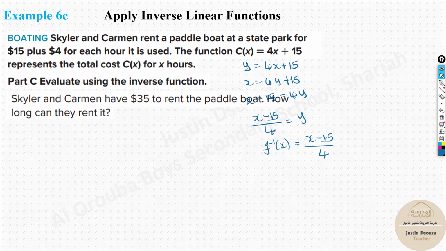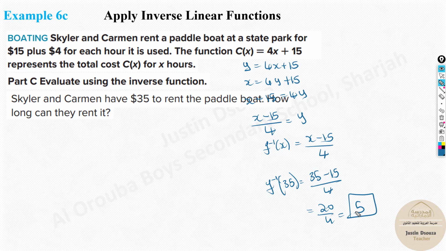Basically, in the inverse function, the total cost they have is 35, so 35 minus 15 by 4. And we know this function now gives hours. We will find the total number of hours now. x is 35. 35 minus 15 is 20, by 4. It is 5.